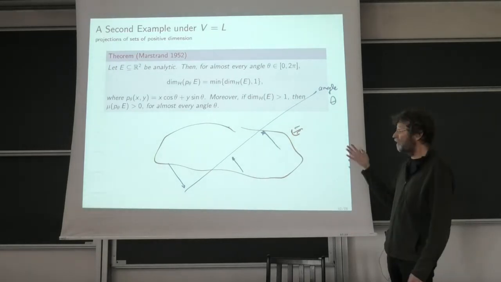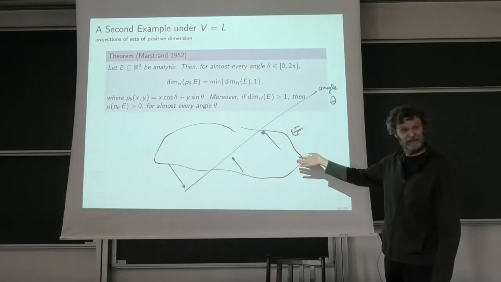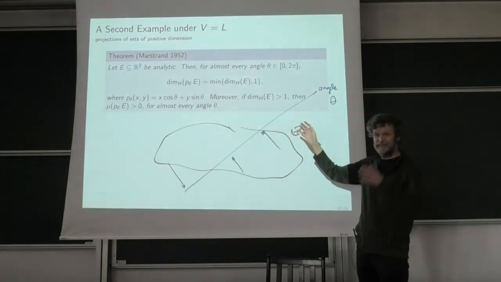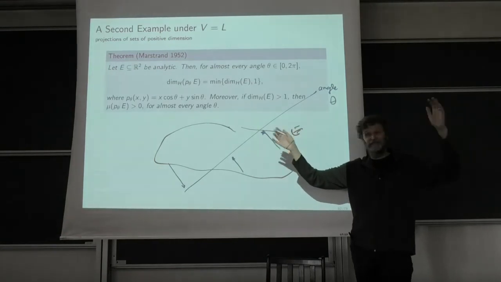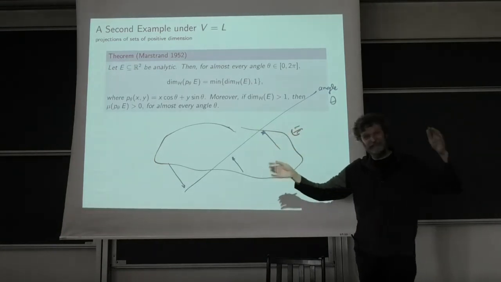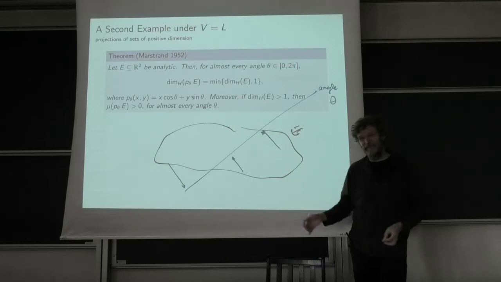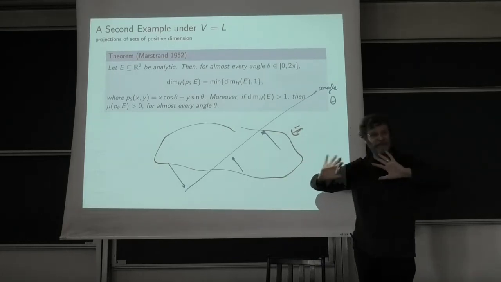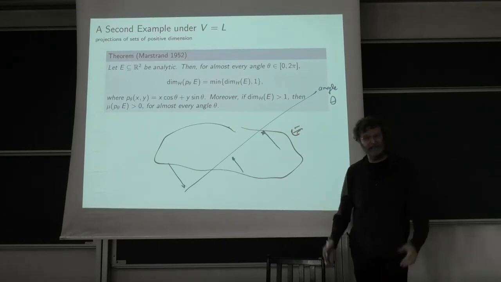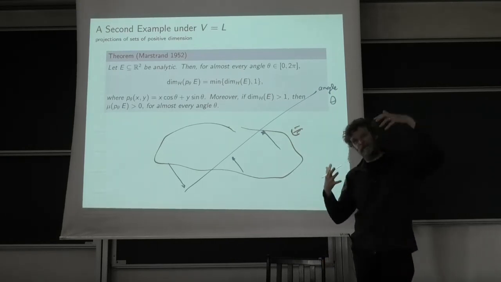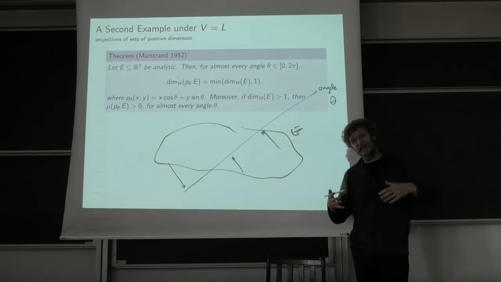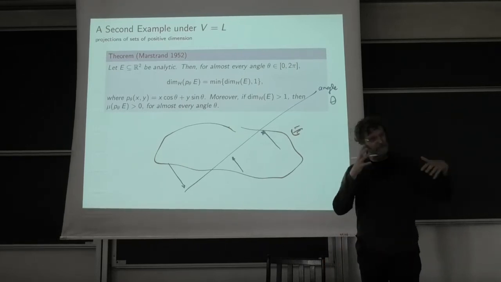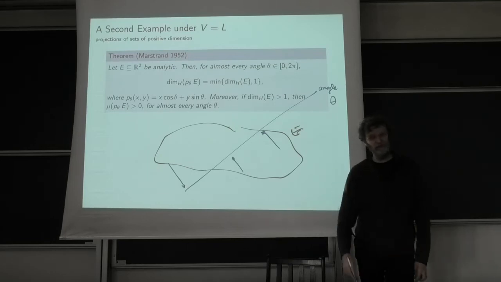Okay, so for almost every angle theta, if E has some dimension in the plane, if E is not a line itself, it doesn't have to have area, but it has to have some dimension bigger than 1, then on every angle the projection has positive measure. So on every angle, it projects to something of dimension 1. So it's big.